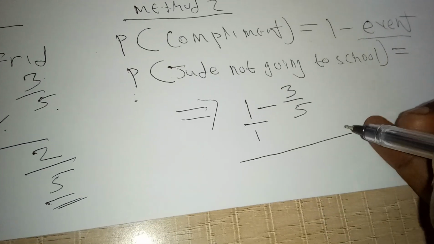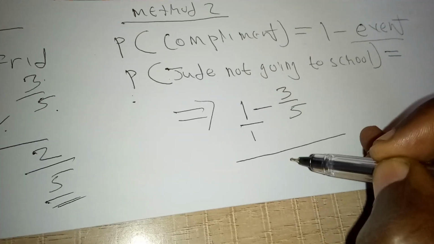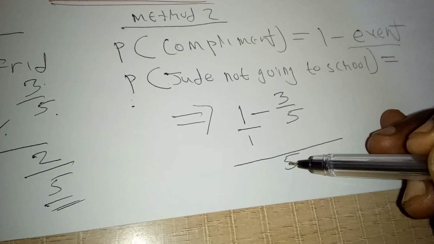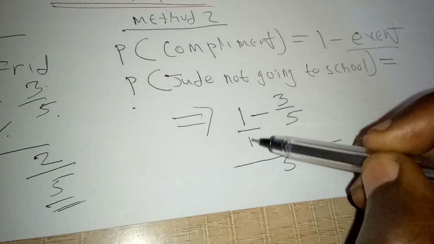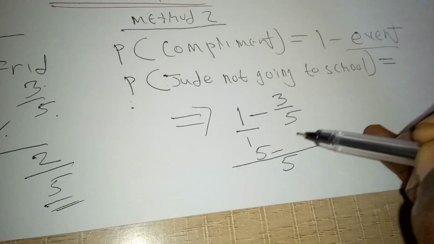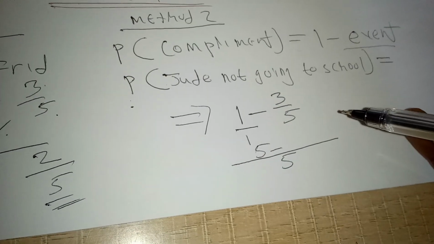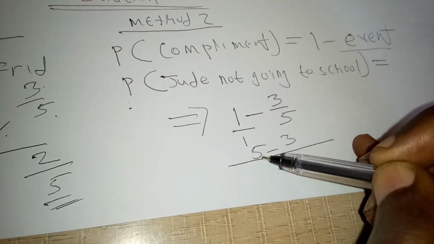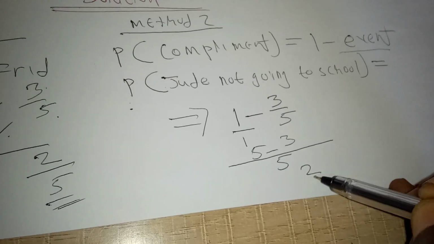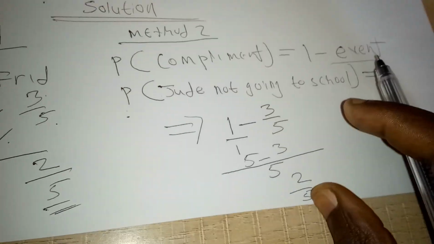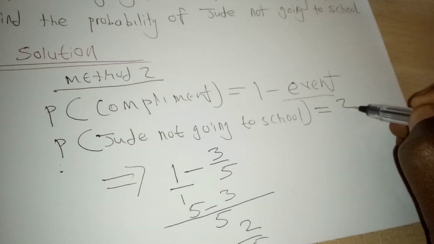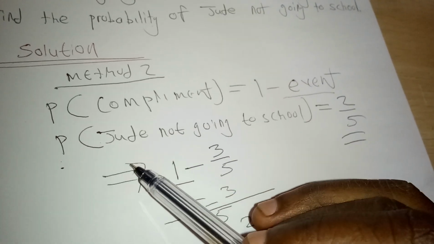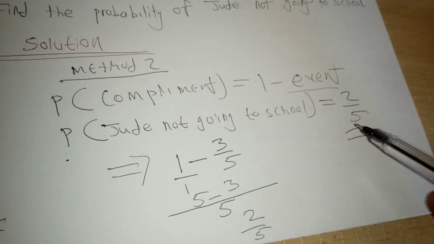Then I find the common denominator of 1 and 5, which is 5. 1 into 5 is 5, 5 by 1 gives 5, minus 5 into 5 is 1, 1 by 3 is 3. 5 minus 3 gives 2/5. Therefore the probability of Jude not going to school is 2/5.